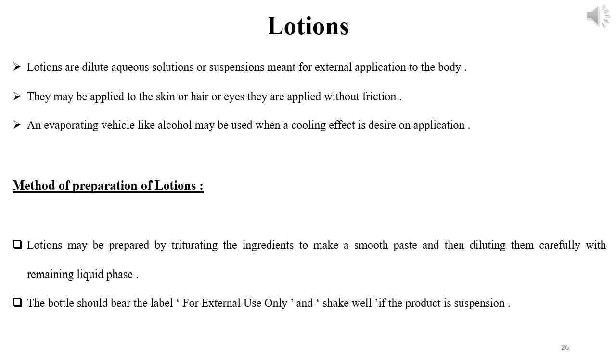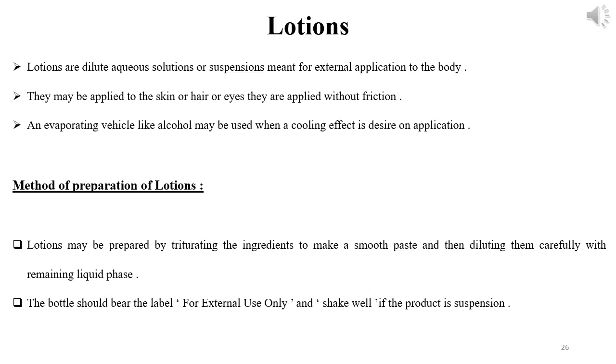A lotion may be prepared by triturating the ingredients to make a smooth paste and then diluting them carefully with the remaining liquid phase. It means we will take the solid material with some of the solvent system and make a paste using a mortar. After that, we will add the liquid material required in the formulation.